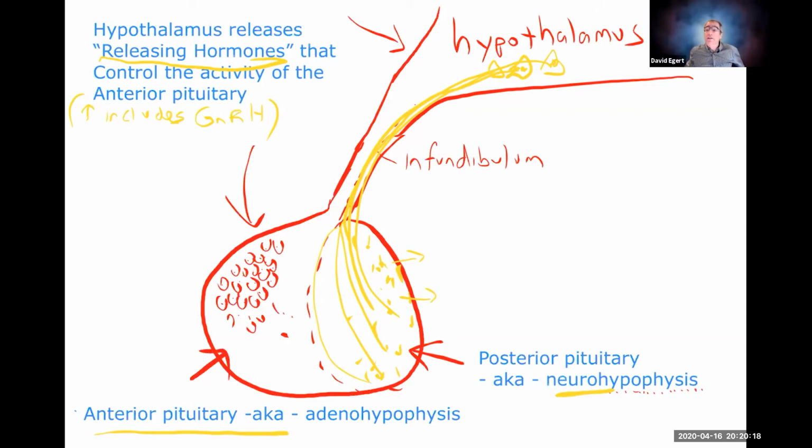Hormones get delivered by the bloodstream. In order to have a really direct communication between the hypothalamus and the anterior pituitary, there is actually this special system of blood vessels. So in the hypothalamus, we're going to have a capillary bed.